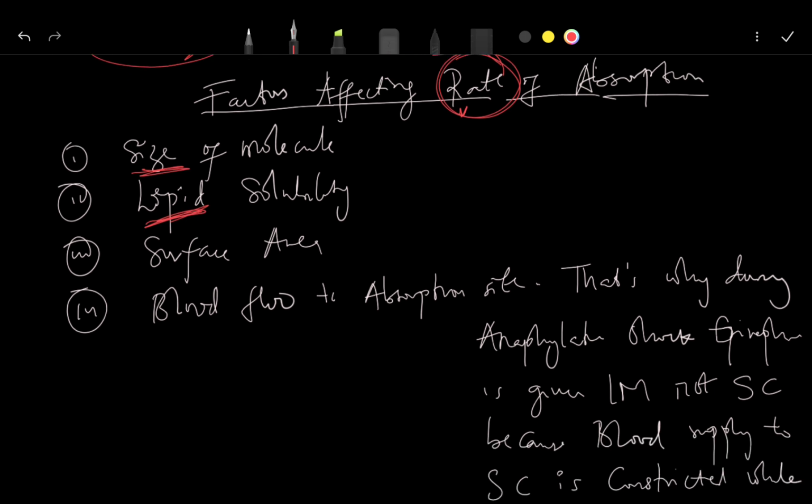Then the more the surface area, again, the more the rate of absorption. If the surface area of absorption is wide, then more drug will be absorbed per second or per minute. So the smaller the size, the more the rate of absorption; the more lipid it is, the more the rate of absorption; and the larger the surface area, the more the rate of absorption.